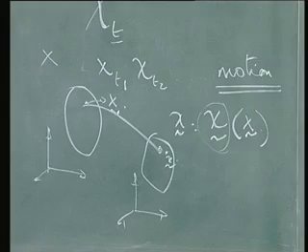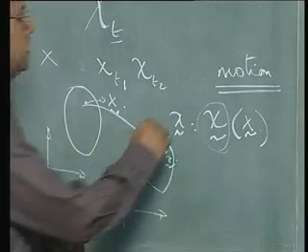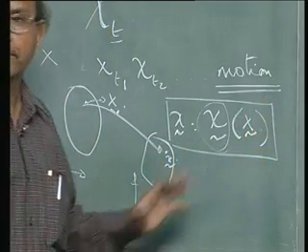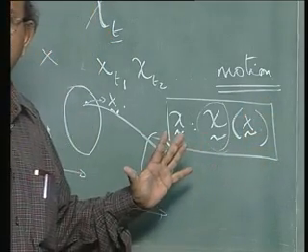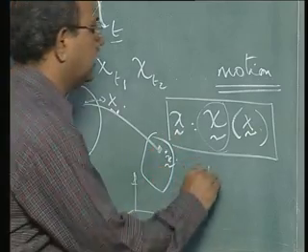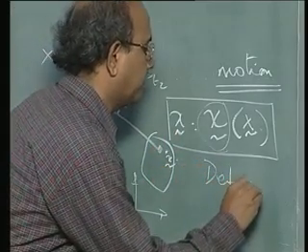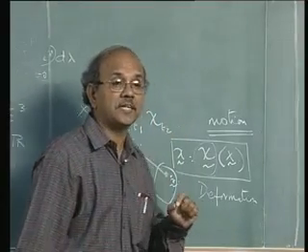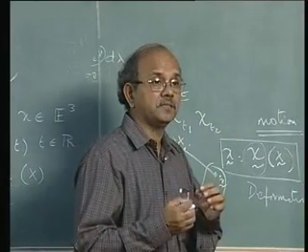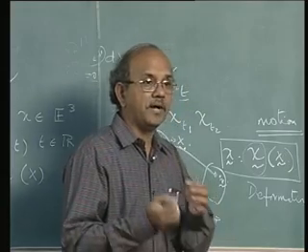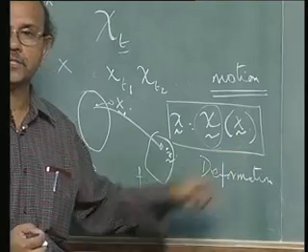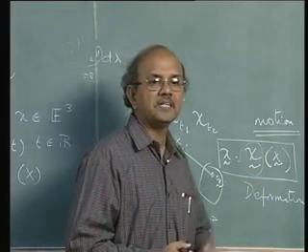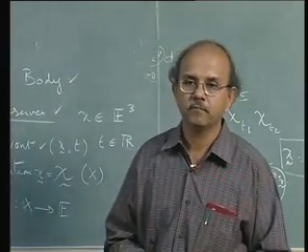Now, this particular equation brings out the concept of what is called deformation. As soon as I replace the points of the body by means of its corresponding positions, then this mapping is called the deformation of the body.